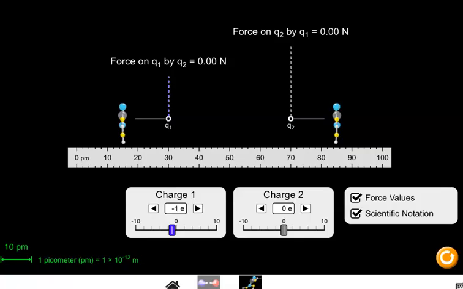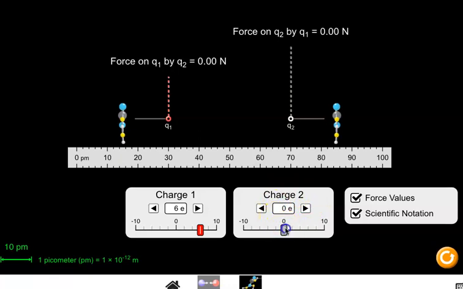So I'm going to open up a different PhET, one that may look fairly similar to the one that we did in the gravitational forces day. First, we're going to look at how charges affect the force. If I move my charge 1 to a negative charge or to a positive charge, you'll notice that I have zero force acting on both charges when I have zero charge on charge 2.